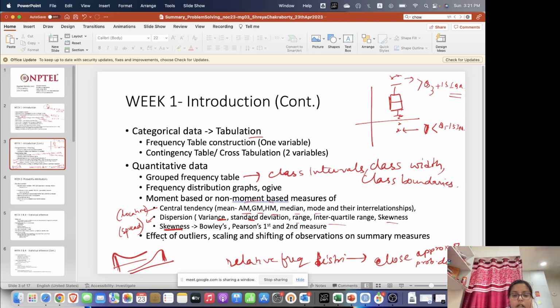Then we learnt about effects of outliers, scaling, and shifting of observation on summary measures.